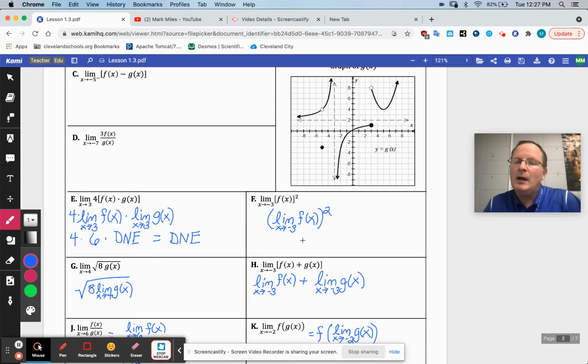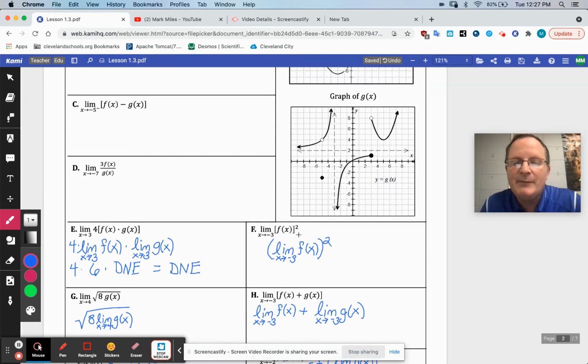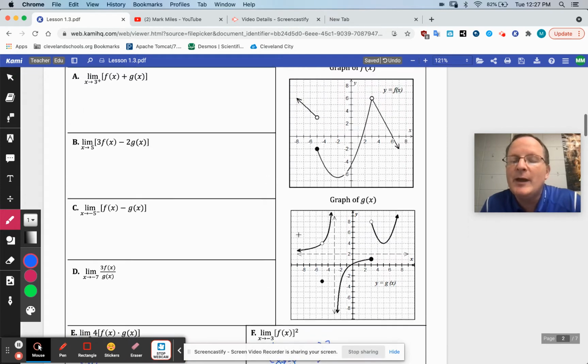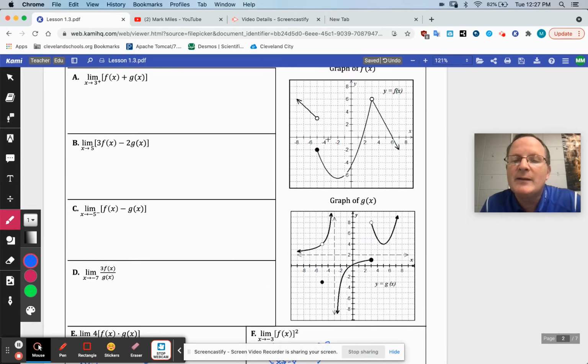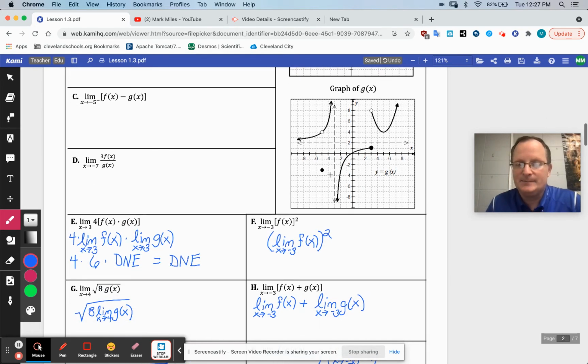Okay. On f, so we've got the power rule here. Looking at f of x, we're approaching negative 3. I'm going to do that first. So approaching negative 3, oh yeah, we're good. That's negative 6. So that's going to be negative 6, and we're going to do the squaring last. The order in which you do that makes no difference. So that one's fine.